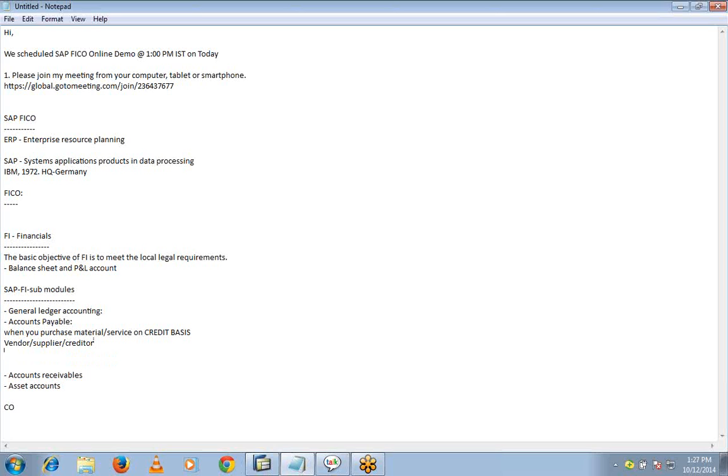Now, in accounts payable we are going to see the P2P cycle. P2P is called the procure to payment cycle. Some say purchase to purchase, or procure to pay also.